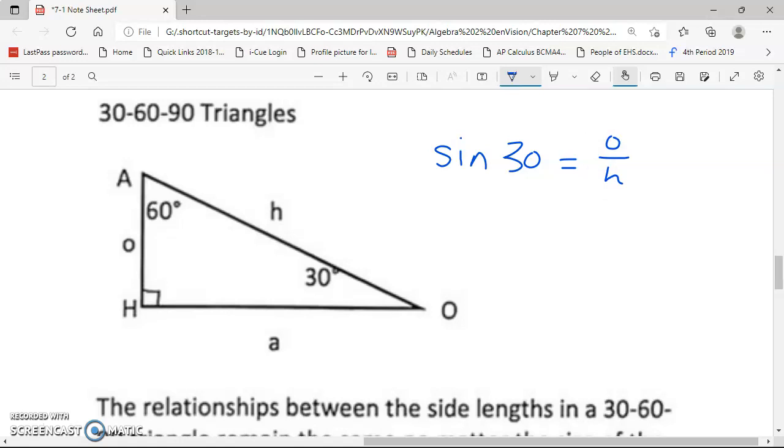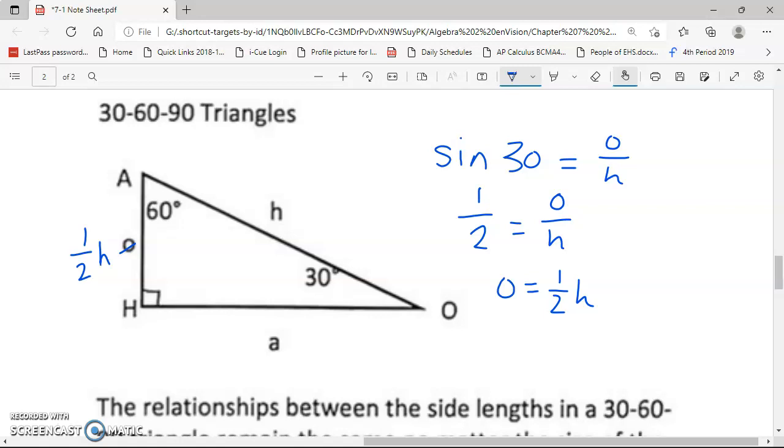It turns out that sine of 30 degrees is a half, so the opposite over the hypotenuse is equal to a half. If I multiply that times the hypotenuse, I get that the opposite side is 1/2 the length of the hypotenuse. So I could replace this O with 1/2 of the hypotenuse.